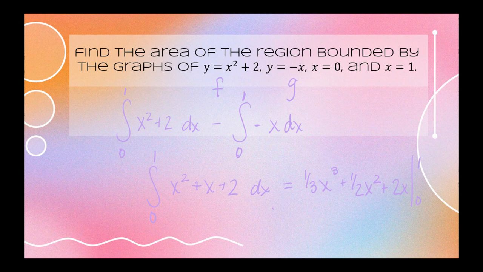So did I integrate correctly? 1/3 x cubed plus 1/2 x squared. Can you see that okay? Okay. So now we want to evaluate with 1 minus 0.